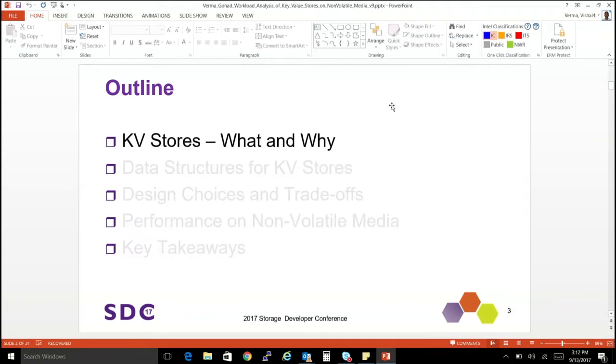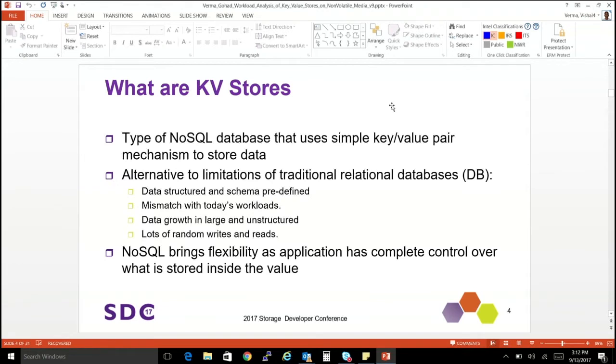Okay. So first of all, what are key-value stores? If we look at today's world, storage is growing over and over, and a lot of the data is unstructured. This data growth is large, and traditional databases are designed with predefined mechanisms, like a predefined schema for organizing the data in relational databases.